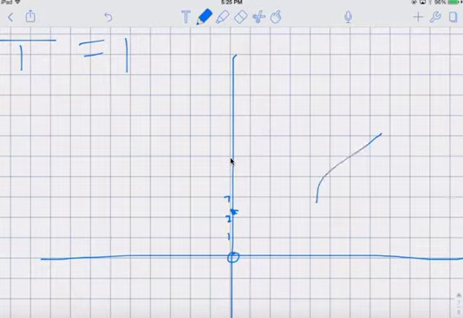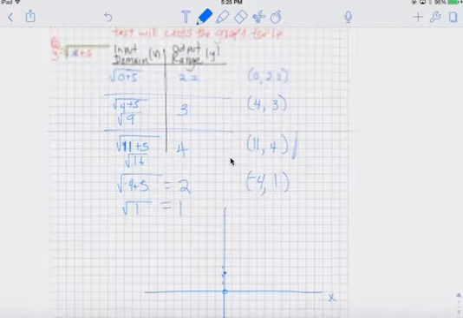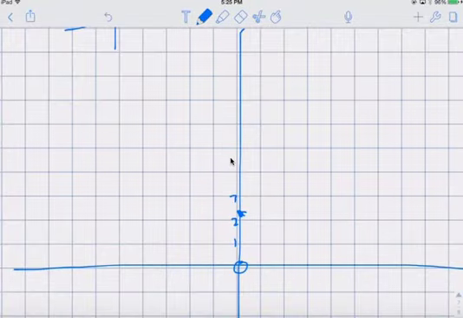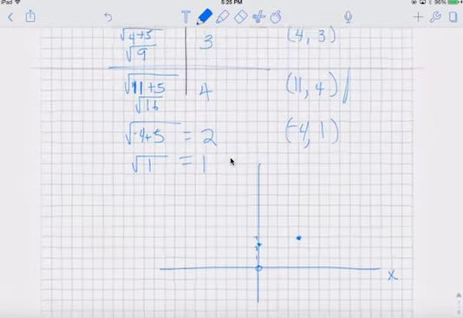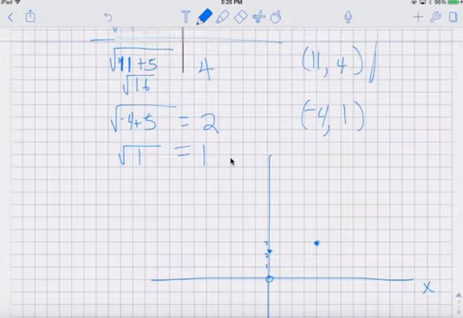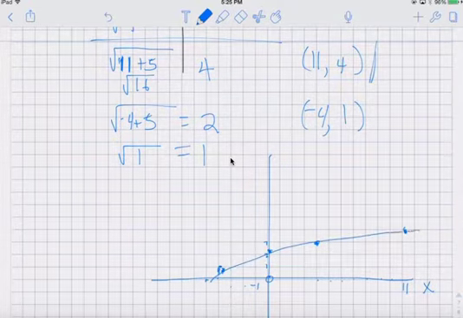Okay? We're estimating here. That's why I don't like to use decimals. 4 and 3. 11 and 4. Negative 4, negative 1, negative 2, negative and 1. So 5 and 0, I think, is like that.